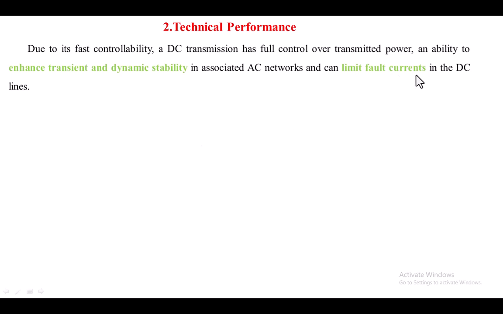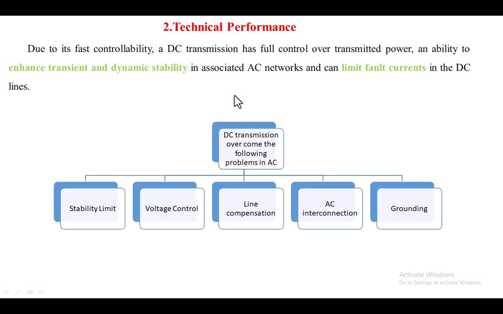Not only these parameters, some of the other parameters also will be improved in case of HVDC system when compared to the AC transmission system. Those parameters are stability limit, voltage control, line compensation, AC interconnection and grounding. All these parameters will be improved in case of HVDC system compared to the AC transmission system.